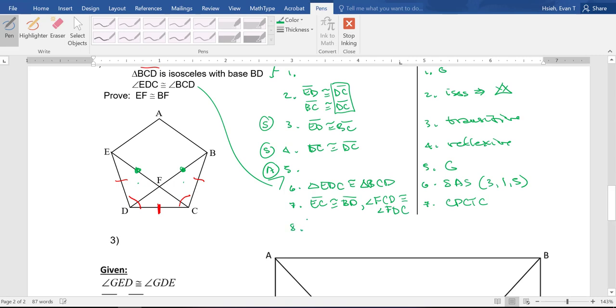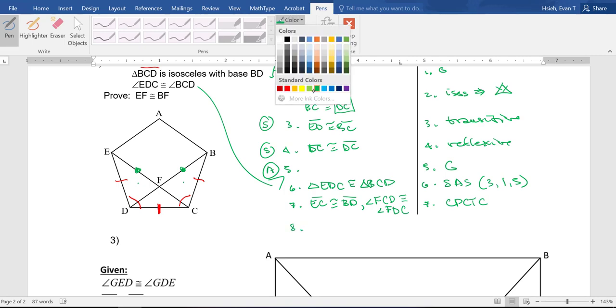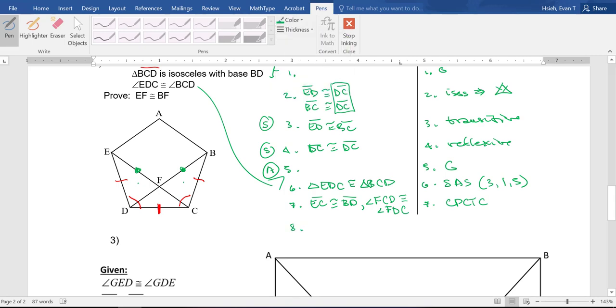Step 8, if I know that these angles are congruent to each other, then I know that FD is congruent to FC. There's the theorem from this particular unit. And so if angles, then you know the sides are congruent to each other.